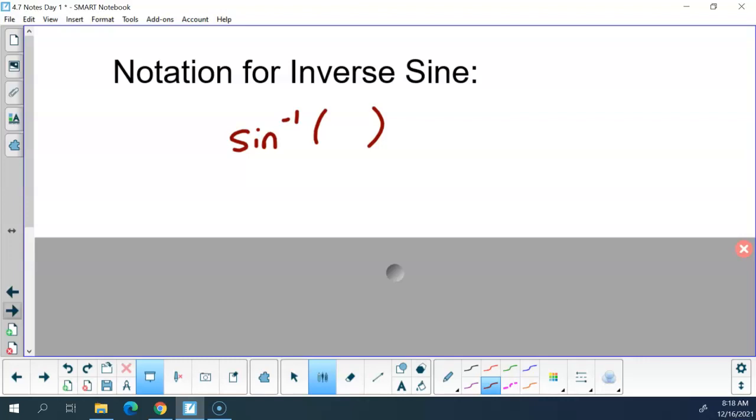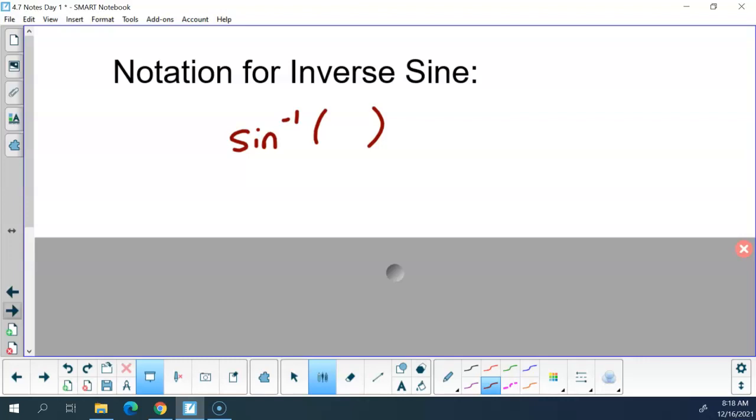If I have a regular sine function, what do I put in my regular sine function? What goes in a trig function? An angle, right?